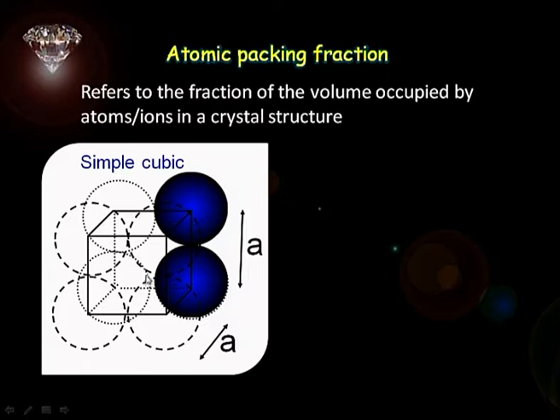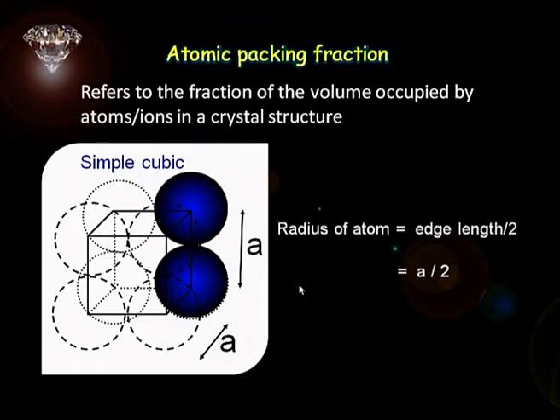What this picture shows you is a simple cubic unit cell, and out of that I have just taken two atoms which are occupying these two corners. The distance between the centers of these two spheres is your edge length, which is A, and this edge length is equal to 2 times the radius of these atoms.